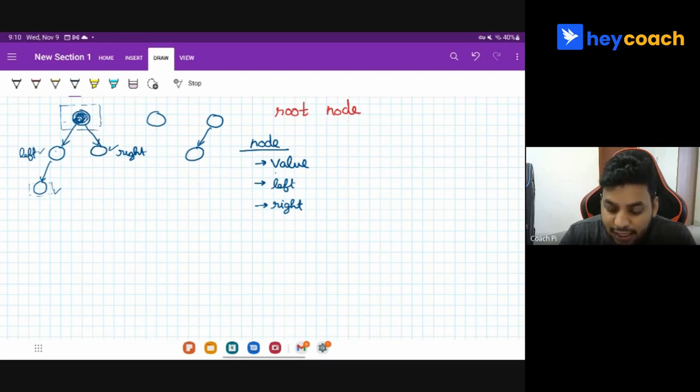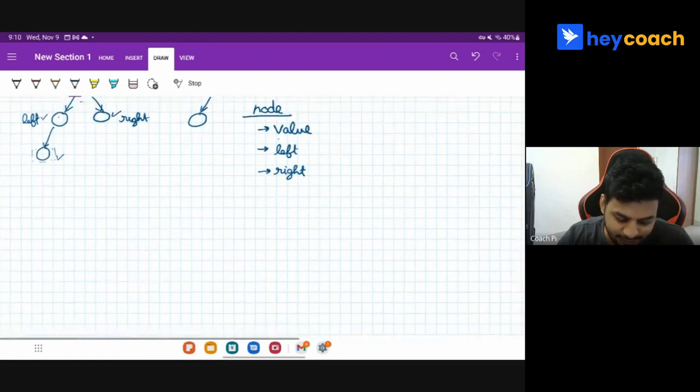Starting from any node, we can ask, what's your left node, what's your right node, we will visit left and right, and from those nodes we can again visit left and right nodes, and that way we can visit the entire tree. So these three values are sufficient to represent one particular node of a tree.